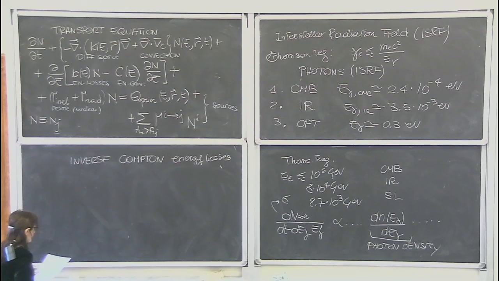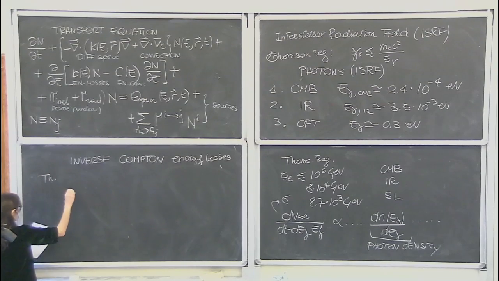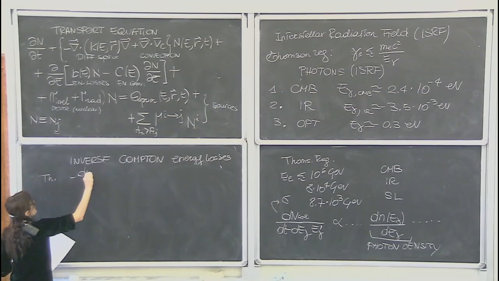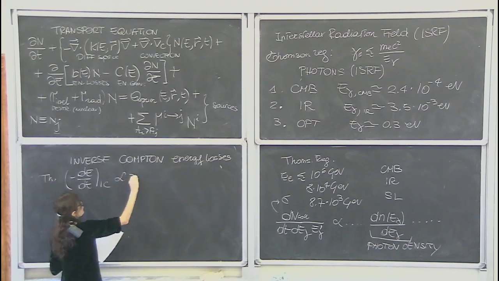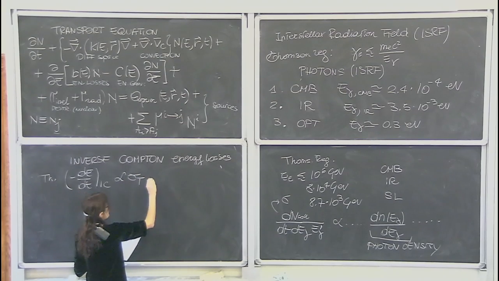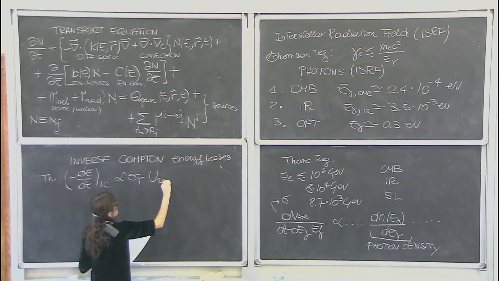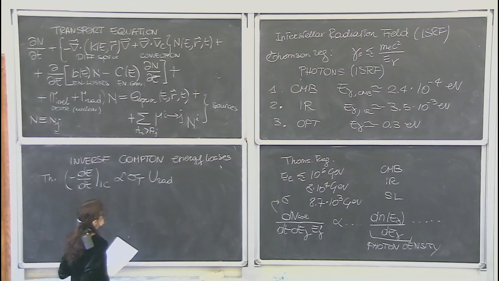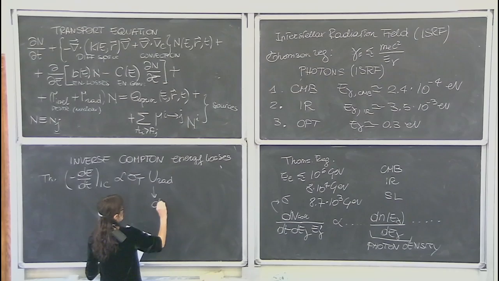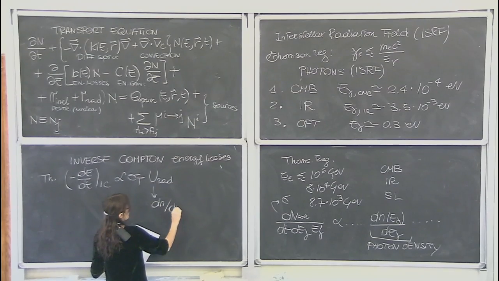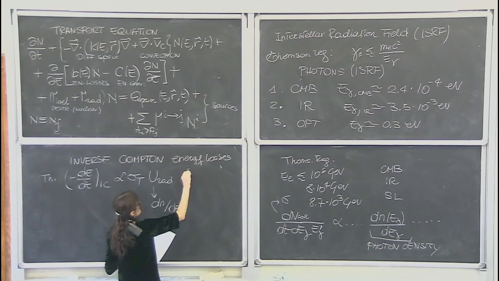In the Thomson regime, only if you deal with the Thomson regime, the energy loss by inverse Compton is proportional again to this cross section, the population of your radiation, so this is linked to this dn over dE gamma, and gamma squared.